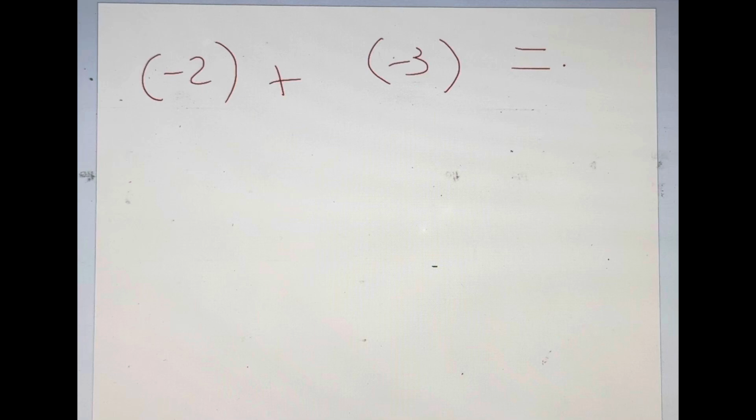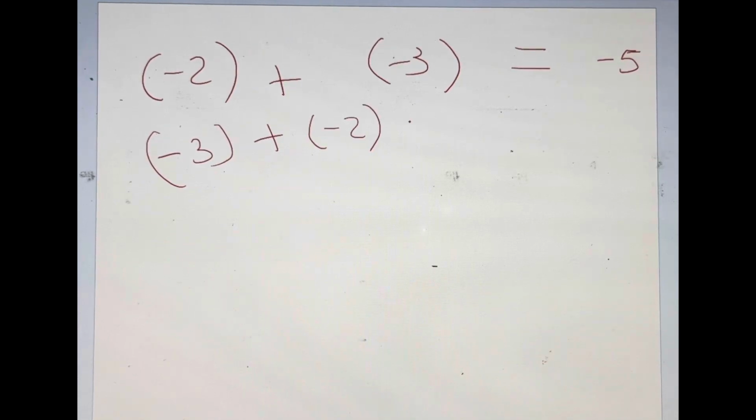Let us take two negative numbers, suppose minus 2 plus minus 3. If both are negative, then we add, same sign means addition. So the answer is minus 5. Now let us change the order. First we take minus 3 plus minus 2.